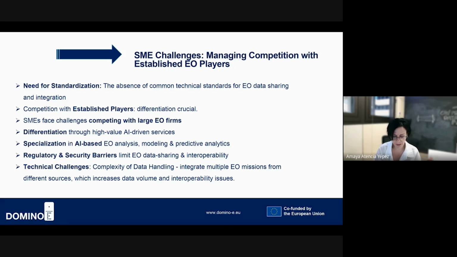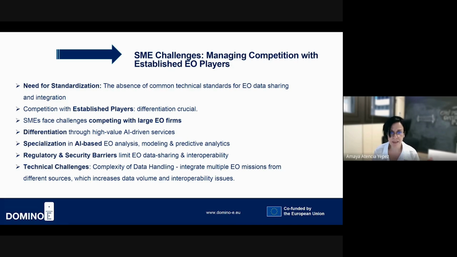But adopting or creating an ecosystem based on the Domino concept requires standardization. And currently, there is an absence of a technical standard to provide EO data sharing and integration. This is a drawback for SMEs especially.